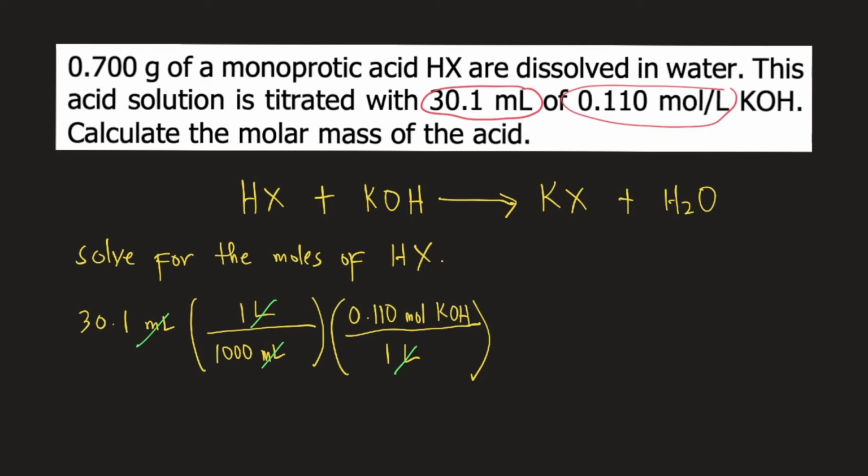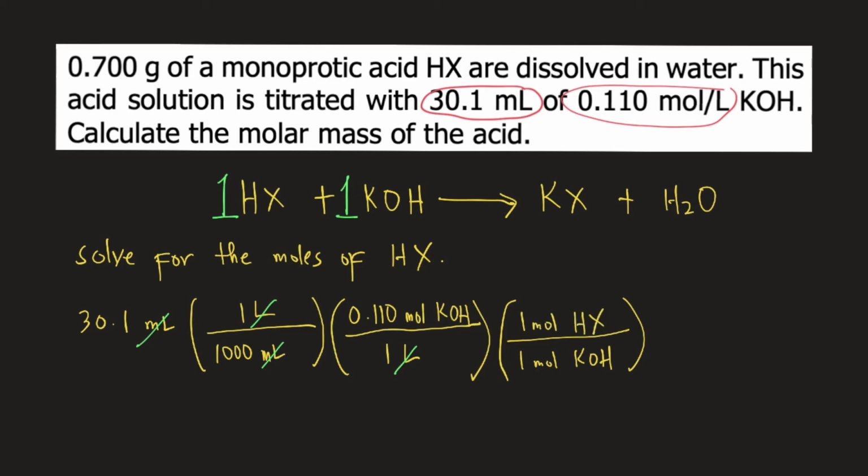And then you look at the balanced chemical reaction above. It says here that for every 1 KOH, it reacts with 1 HX. So you put that into your conversion. For every 1 mole of KOH, it reacts with 1 mole of HX.